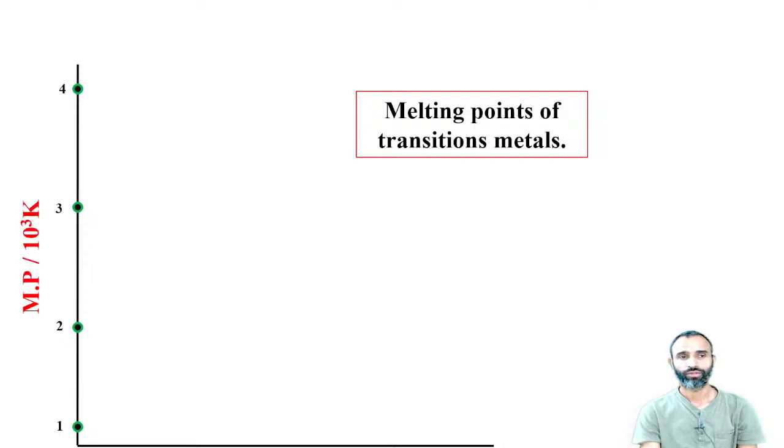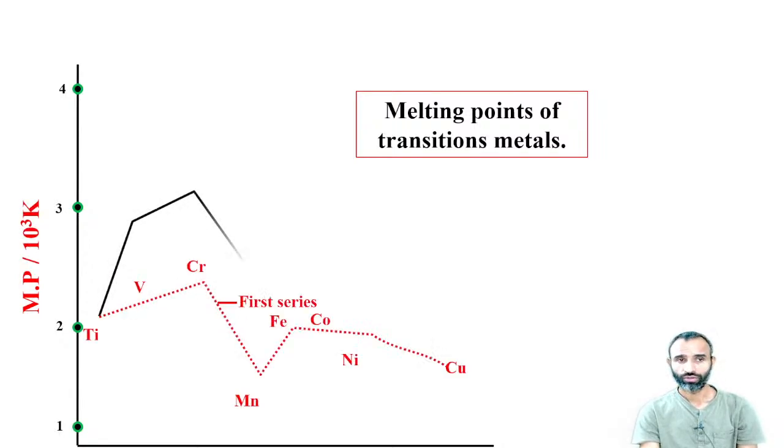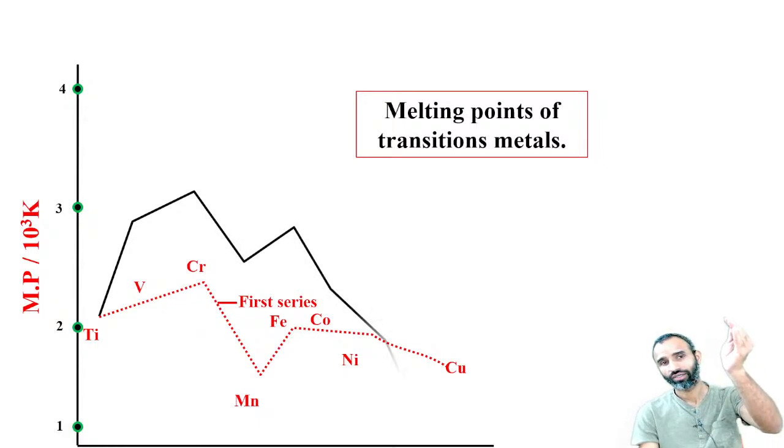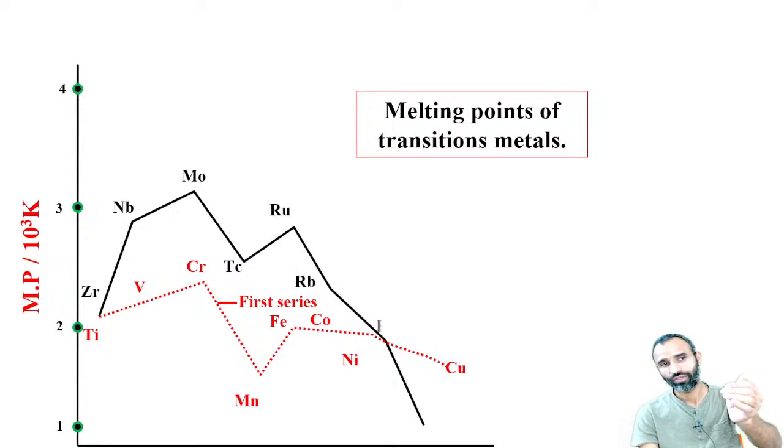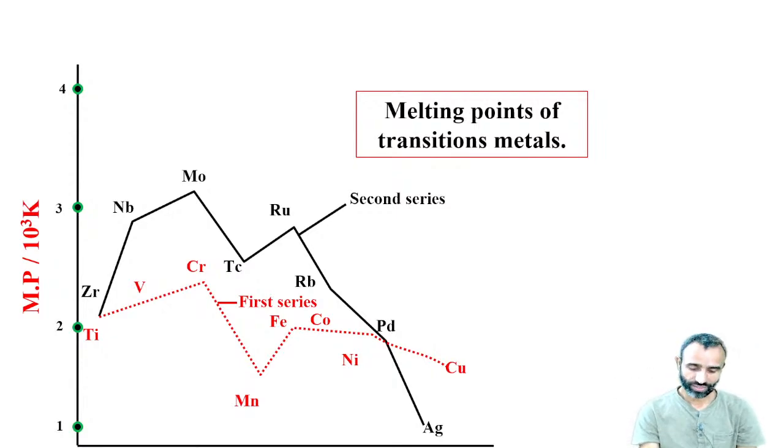If we compare melting point with atomic number, first it increases up to chromium, then there is a dip, and then further there is an increase, and then it decreases. Why is it so?